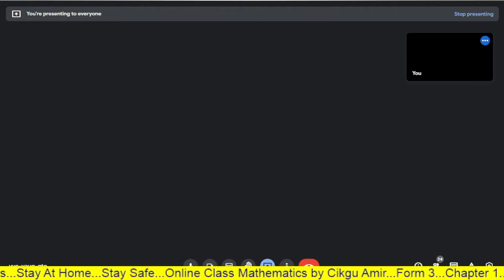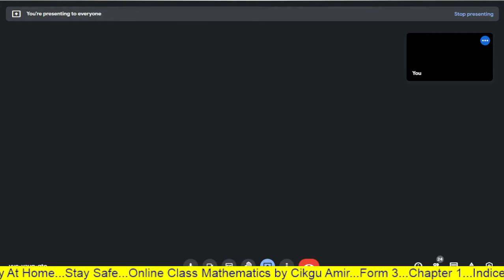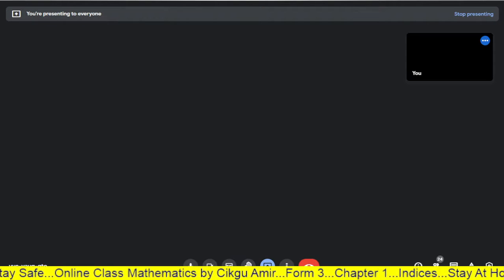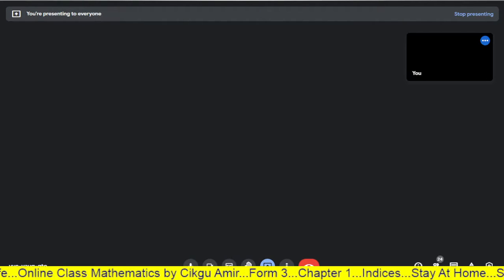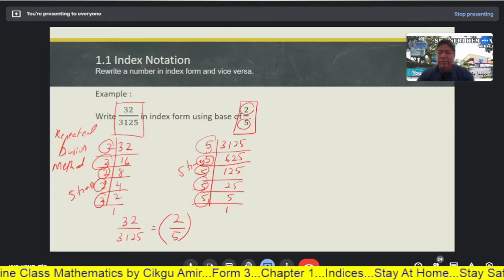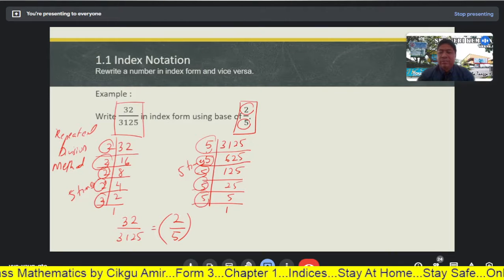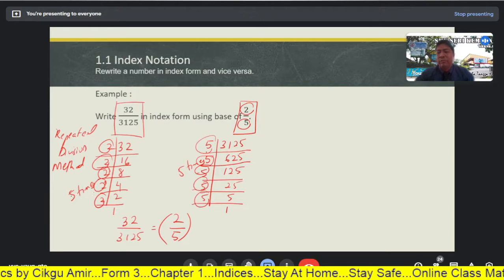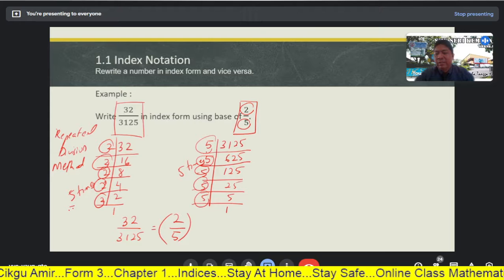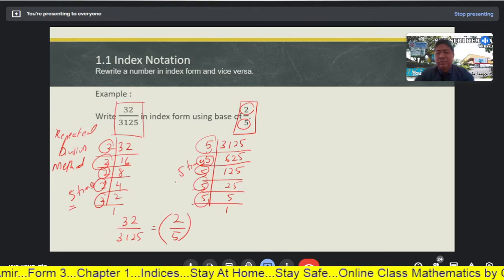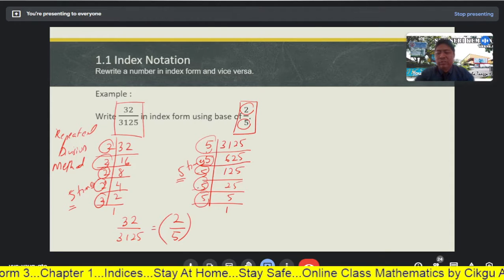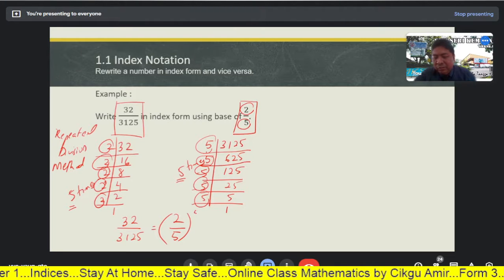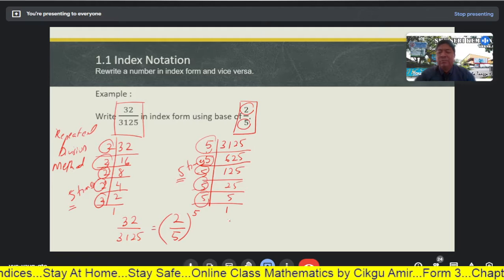This is 5 times. Count number 5: 1, 2, 3, 4, 5. Also 5 times. Both are the same. The upper side is 5 times, the lower side is also 5 times. So the index automatically becomes 5.